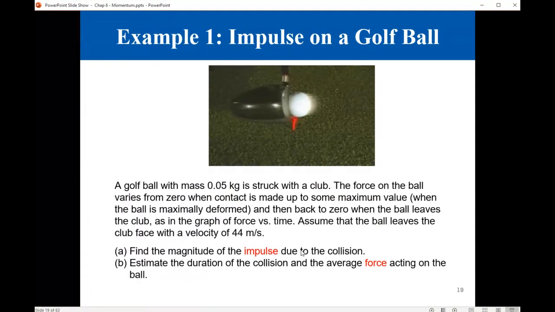This is a nice conceptual example that we are all familiar with. A golf ball with mass 0.05 kilogram, 50 grams, is struck with a club.